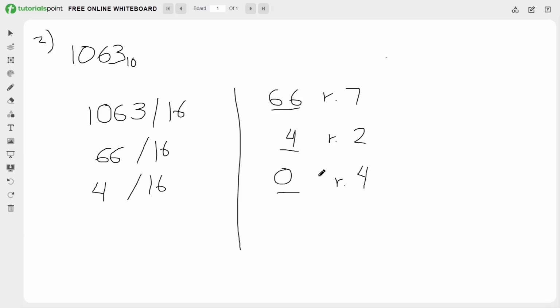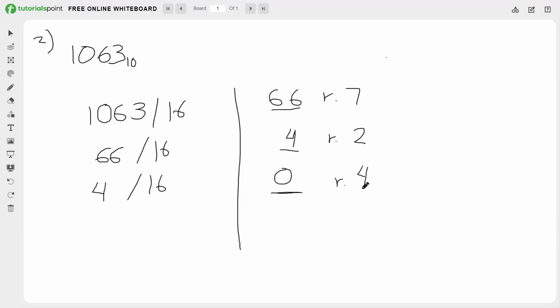I forgot to mention that we should stop dividing when we reach the number 0. So here we stop in the third step, or the third iteration of division.